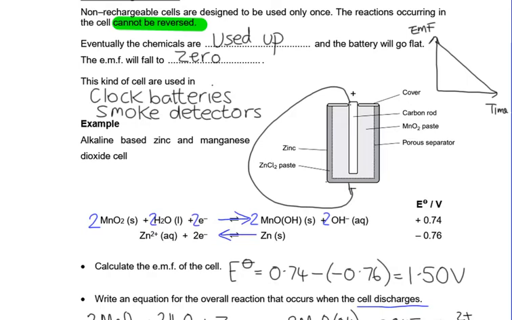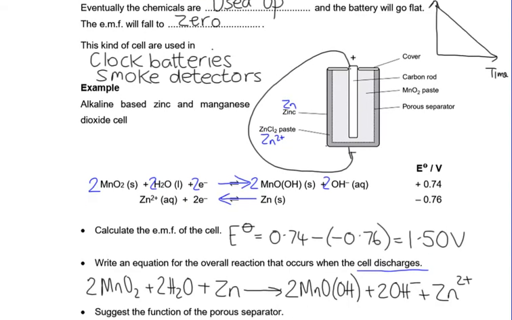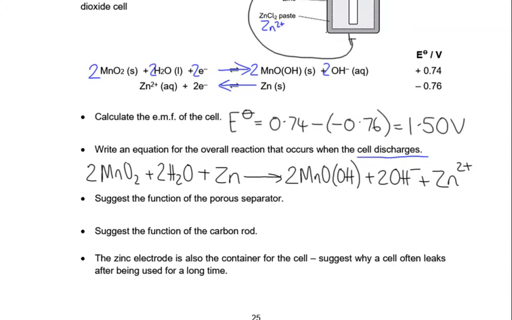So on the outside we've got a zinc and zinc 2 plus. So remember that this is just Zn and this is just Zn2+. So we've got Zn on the very outside, then Zn2+ next to that. Then we've got our porous separator, and we've got the MnO2 paste, which contains all the things in that top half equation, and then we've got a carbon rod. So what's the function of the porous separator?